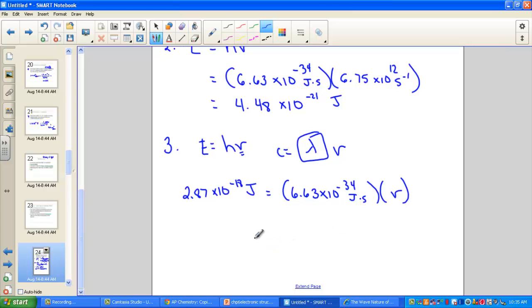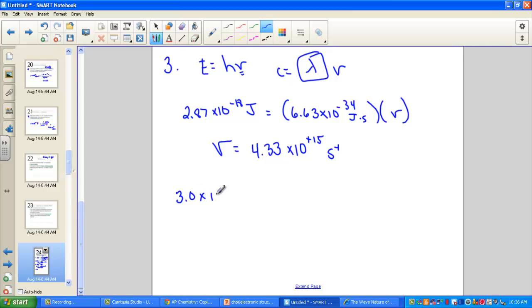The unit will come out in a per second. So take our energy, 2.87 e negative 18, divide out Planck's constant, 6.63 e negative 34. Frequency here comes out as 4.328. So how about 4.33 times 10 to the positive 15th power per second.